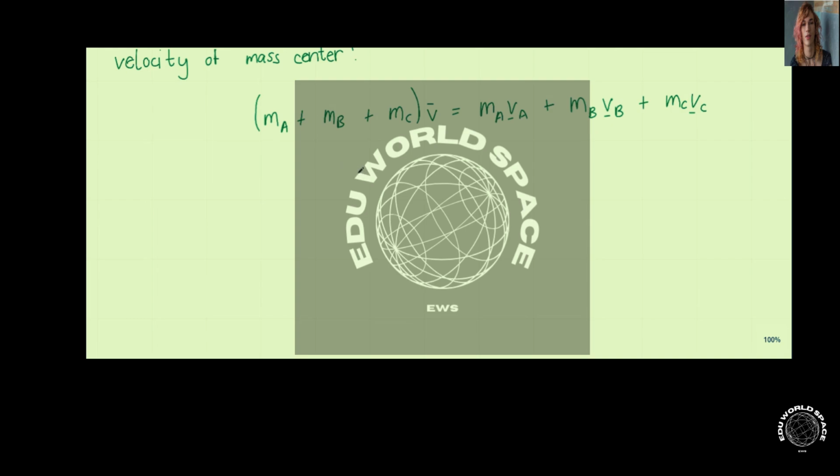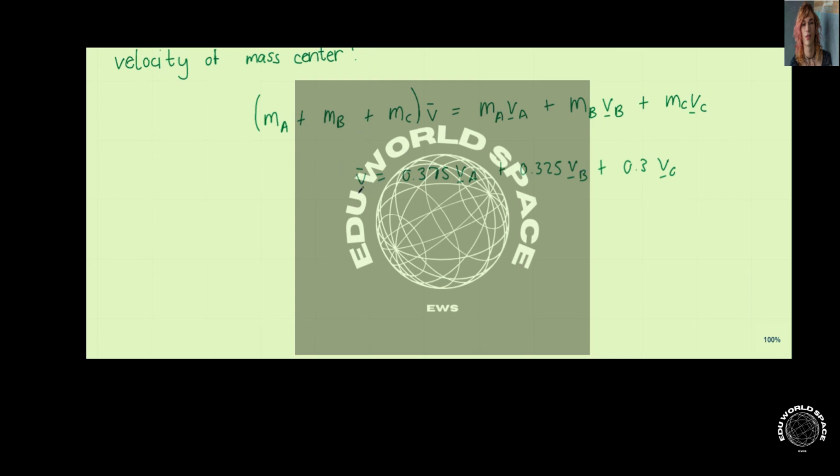And from here, we can see that the velocity of the mass center, v bar, is equal to 0.375 times VA plus 0.325 times VB plus 0.3 times the velocity of c, vc.